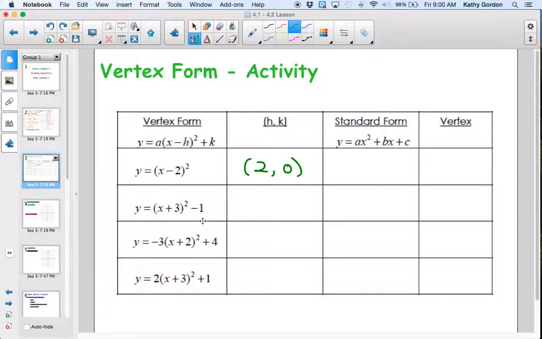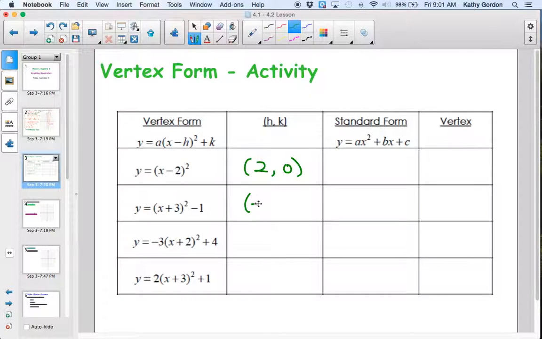All right. Amy, what do you think h is on our second one? 3. Sorry? 3. A 3? You agree with that? Because it's that same tricky bit, right? If it's x minus h, and I end up with x plus 3, what must have h been? -3.